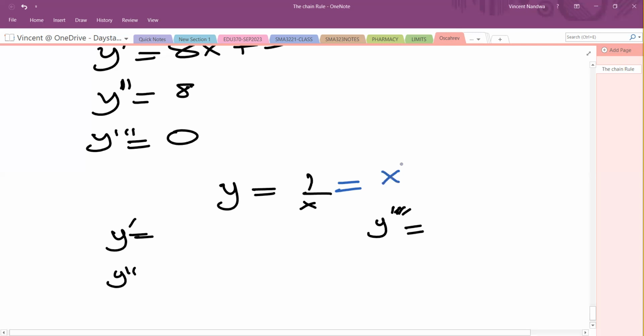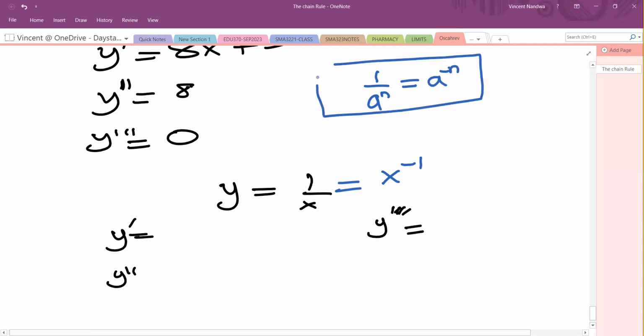So remember, 1 over a power n is the same as a power minus n, okay? So remember that rule of law of indices. So now tell me, what will be the y prime after helping you to convert?